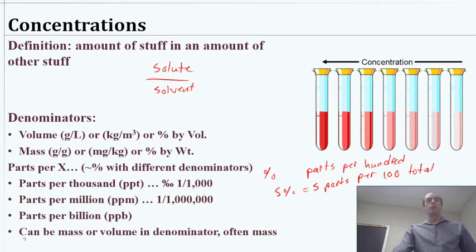I will do my best to make sure it's clear which one we're talking about. Typically, though, it'll be parts per million or parts per billion that we'll see. It's just sometimes more convenient to express it that way, just like it's sometimes more convenient to express with percentages.